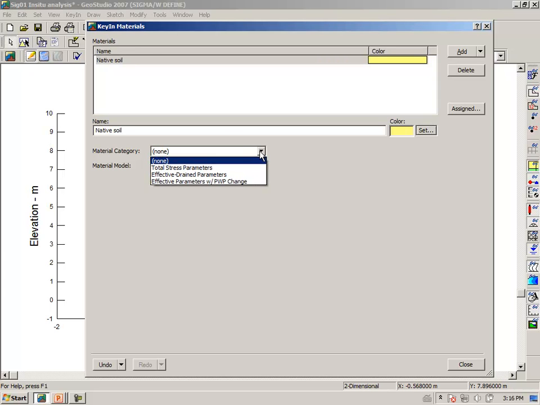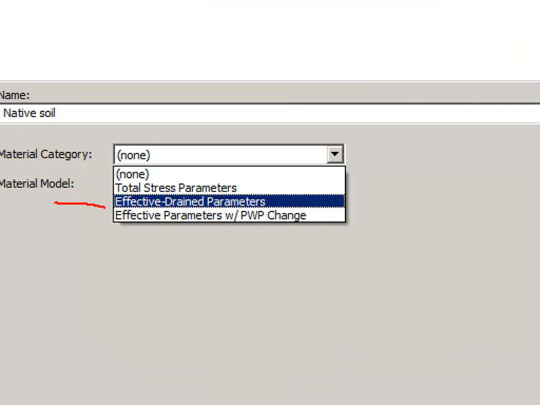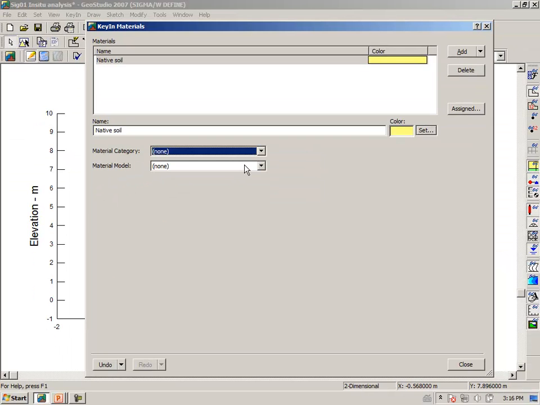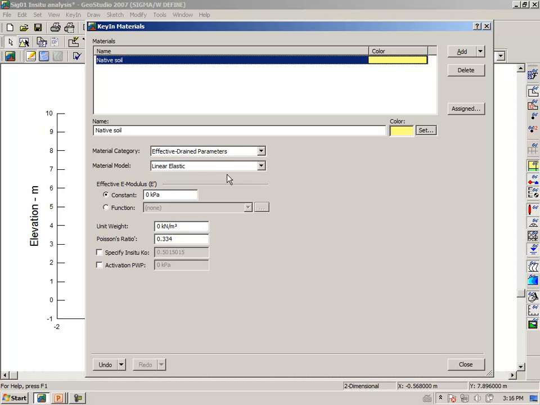In this particular case, we want to say something about pore pressures, but we do not have any change in pore pressure due to loading, so we can use the effective drained parameters for this type of analysis. Effective drained parameters, we're going to use a linear elastic model, which is more than adequate, and as I noted earlier, the Young's modulus does not come into play in the in situ analysis, so any approximate value is adequate.